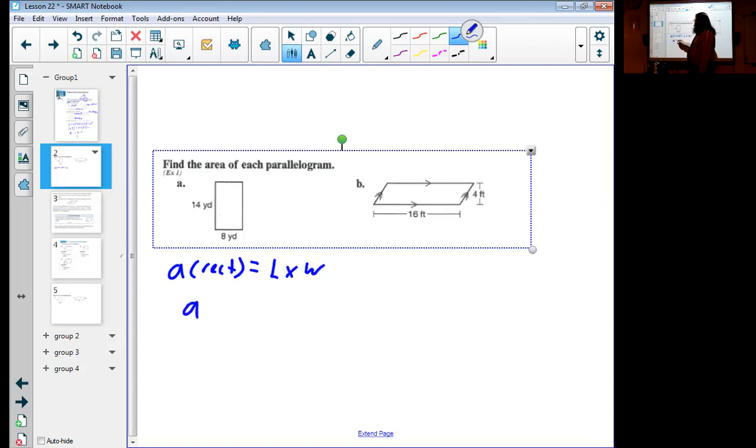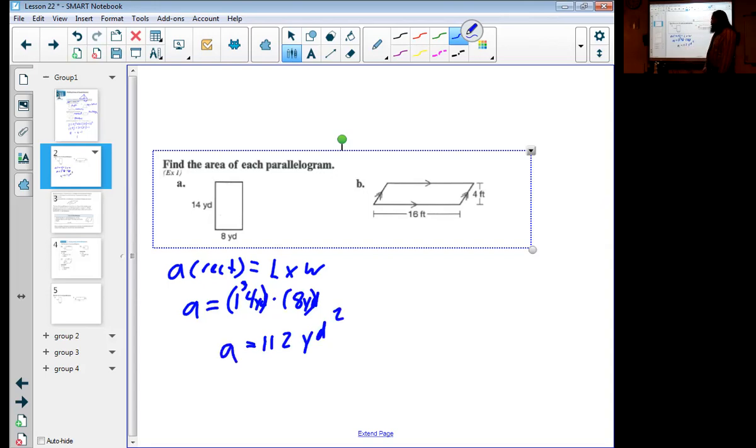So area is equal to 14 times 8. 4 times 8 is 32. Carry a 3. 8 times 1 is 8, plus 3 more is 11. So the area of the first one, this is yards. Yards times yards is square yards. The area of that rectangle is 112 square yards.